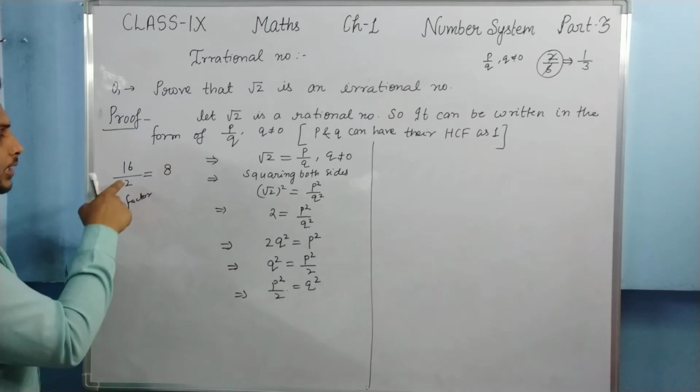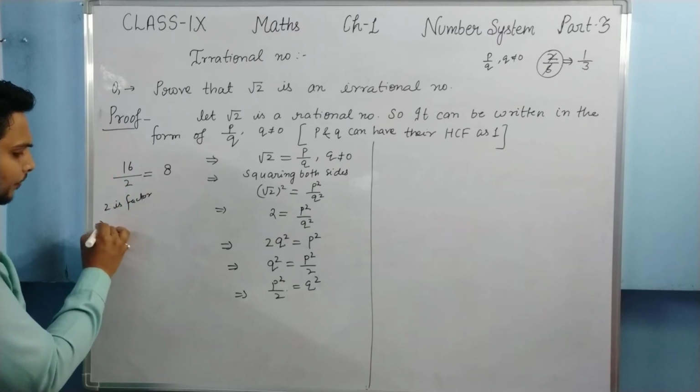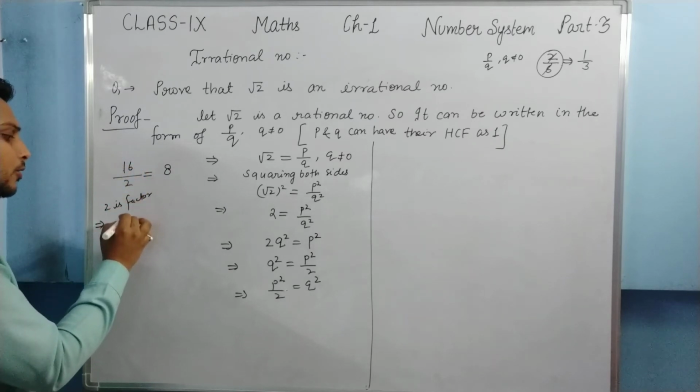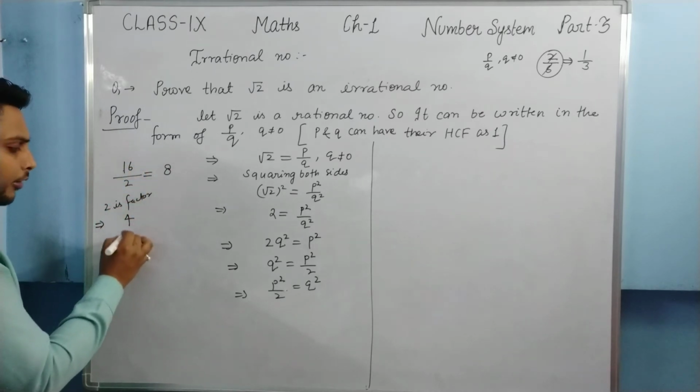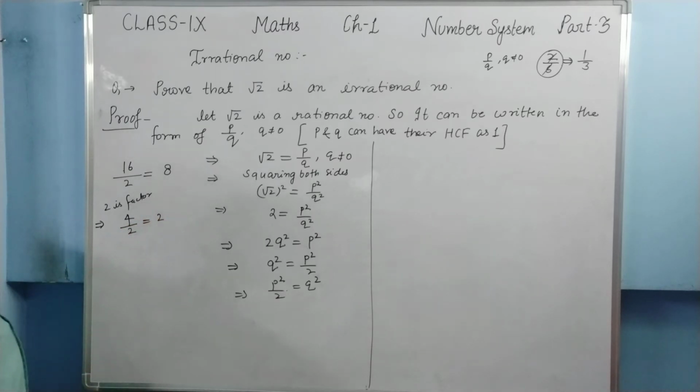So it means that 2 is a factor of this number. In the same manner, here it is 16. What is the square root of 16? That is 4. If 4 is also divided by 2, then again we will get an integer number.